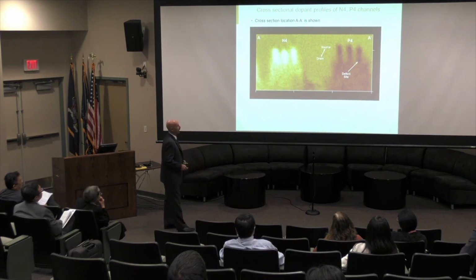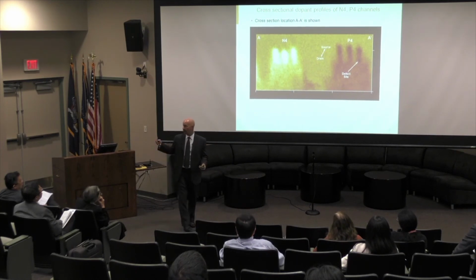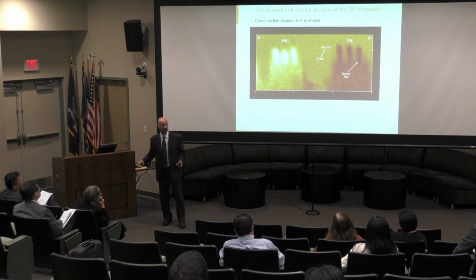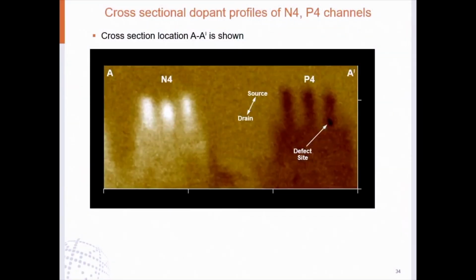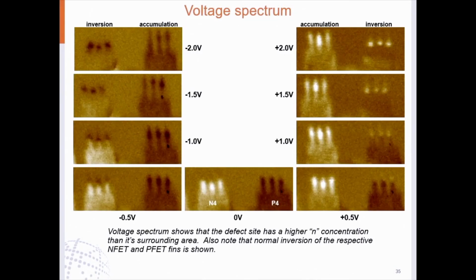Now, at first look, it tells us there is an accumulation of arsenic and phosphorus in that area. But with one picture, you can't really tell that for sure. You need to take a series of pictures. So we did a voltage spectrum on this, applying a series of different bias conditions that force these devices into accumulation and inversion.